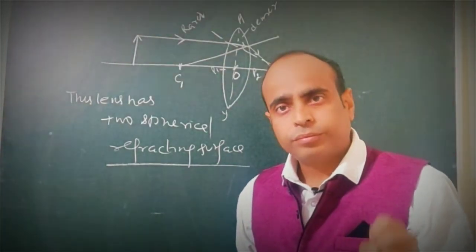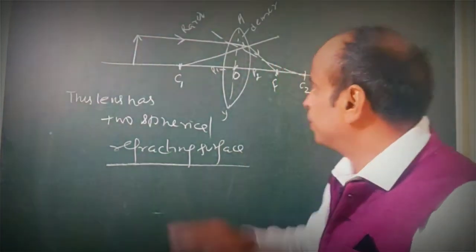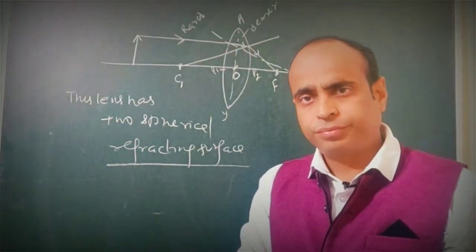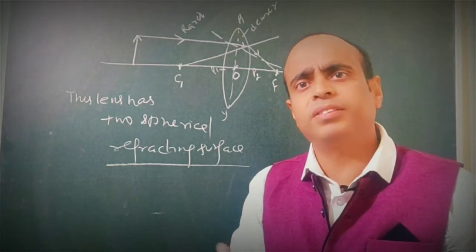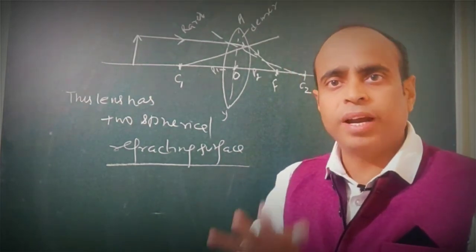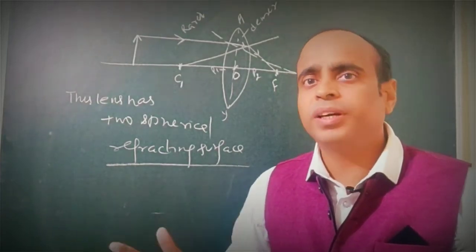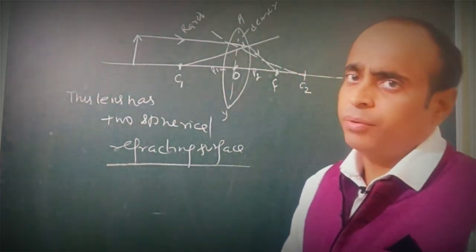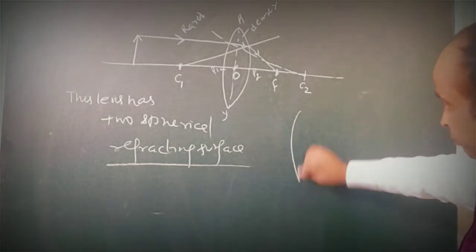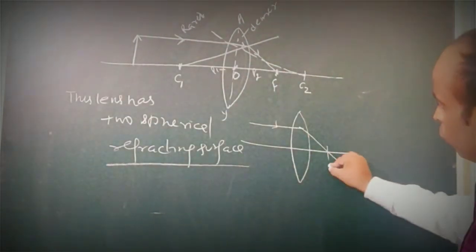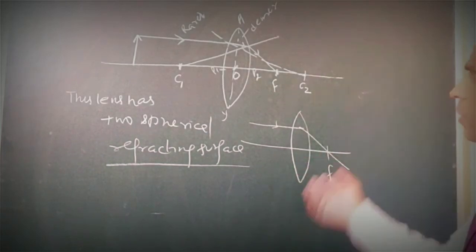In your class, we generally do not represent the ray diagram in this manner. What is the simple reason behind this? The simple reason is that we want to avoid the difficulty of the ray diagram. We just have one rule which says that when a ray of light is parallel to the principal axis, it passes through the focus. We generally state it like this.